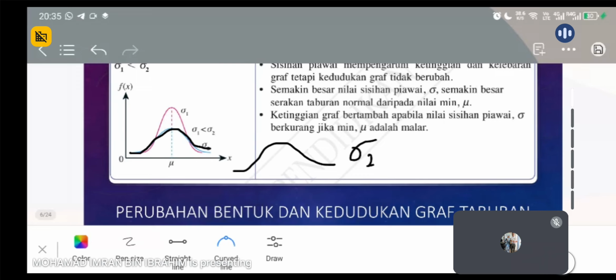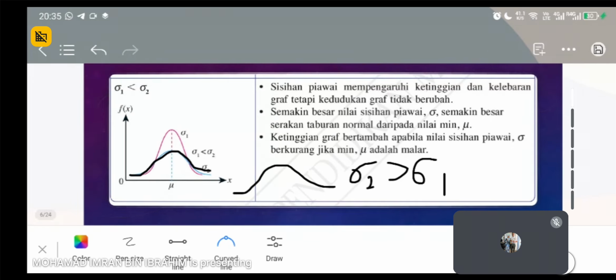Okay. Alright, so sigma 2 is actually more than sigma 1. So the value of this is much larger, much bigger. So the greater the spread of the normal distribution from the mean value, the greater the value of sigma.